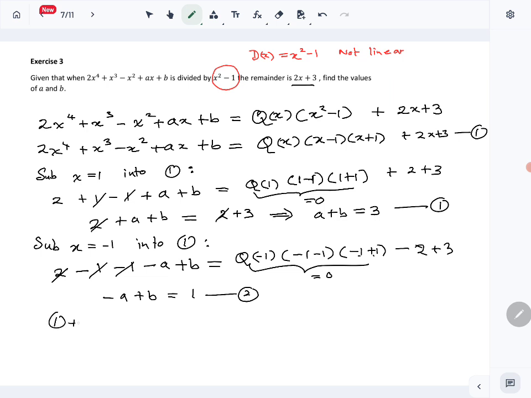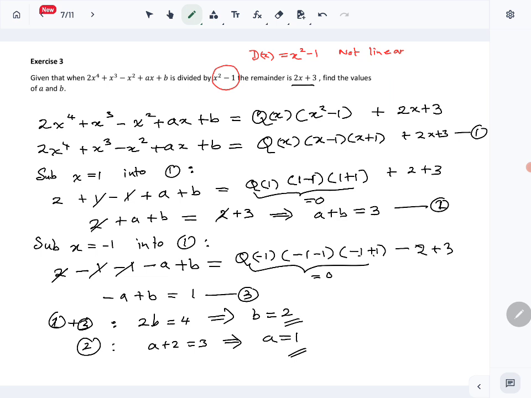So let's take this as 2 and this as 3. 2 plus 3 is 2b equals 4, or b equals 2. Then from the second equation, what is a? a plus 2 is equal to 3. So a is equal to 1.